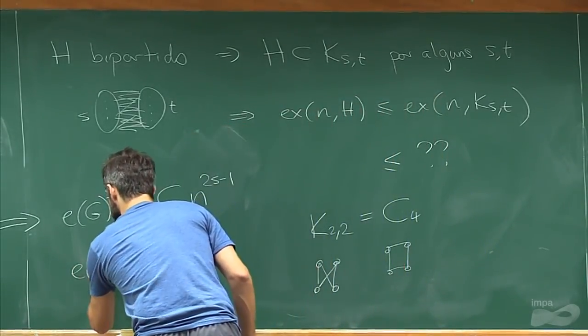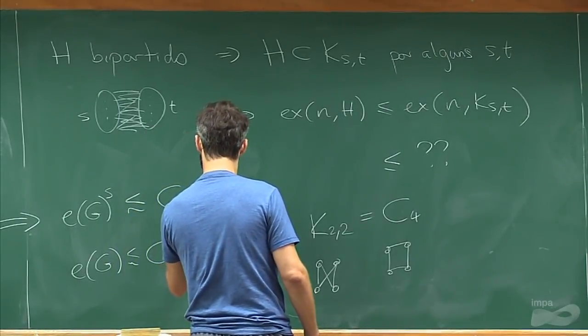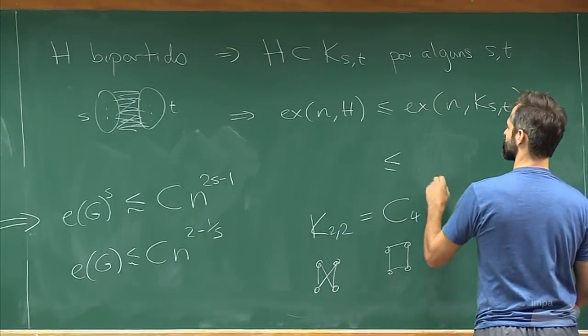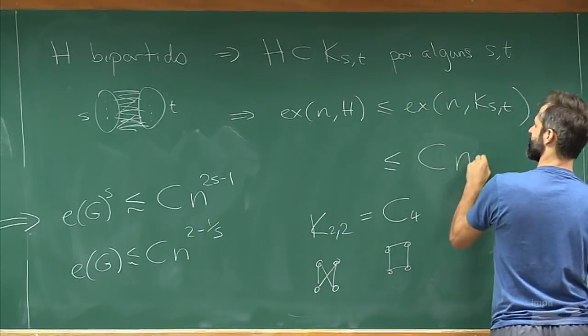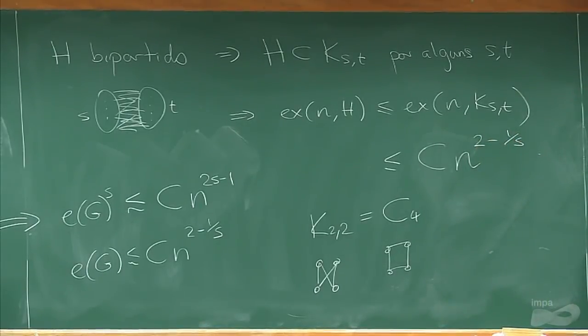So E of G is at most c times n to the 2 minus 1 over S. So we're done, right? Because this is little o of n squared.